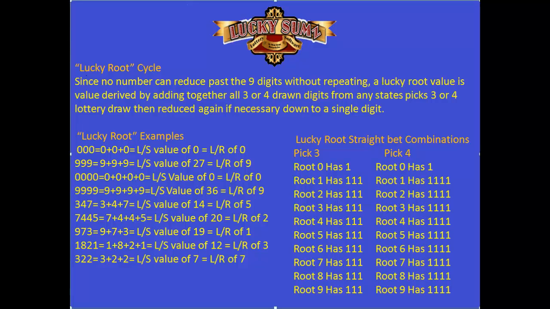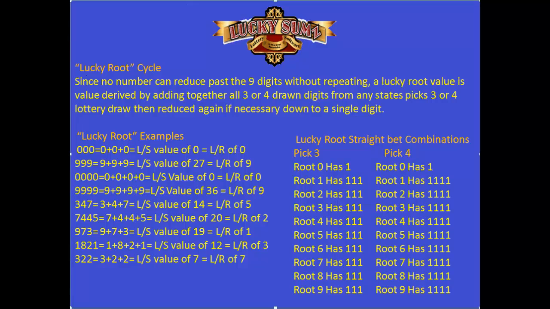However, the lucky root, when added together down to a single digit, would be 7 plus 2 equals a lucky root of 9. The same with the quad zeros. Quad zeros equals a lucky root 0 and a lucky sum 0. Quad 9s equal 9 plus 9 plus 9 plus 9 equals a lucky sum 36. However, when added down to a single digit, it's a lucky root of 9.